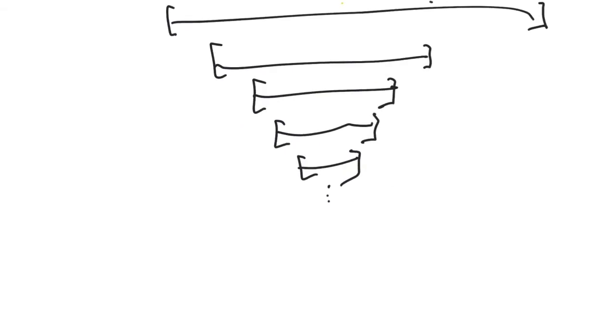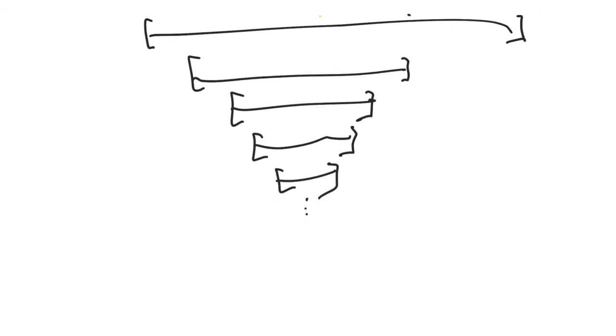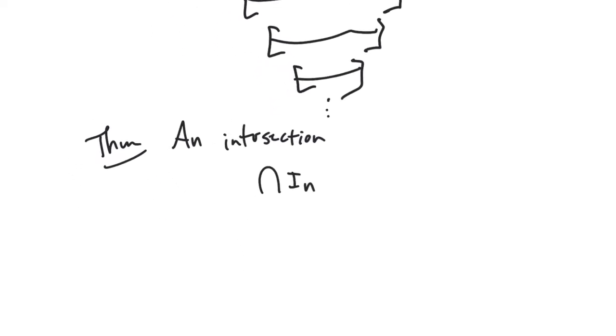The nested intervals property says that if I have the intersection of I_n, where n goes from 1 to infinity, of nested closed intervals.